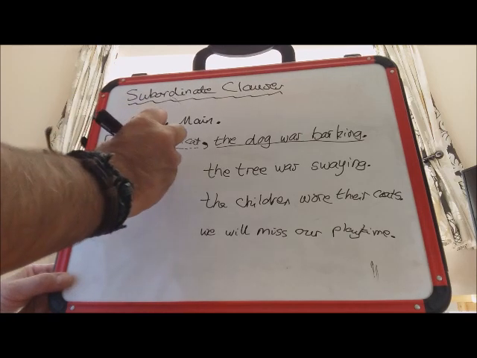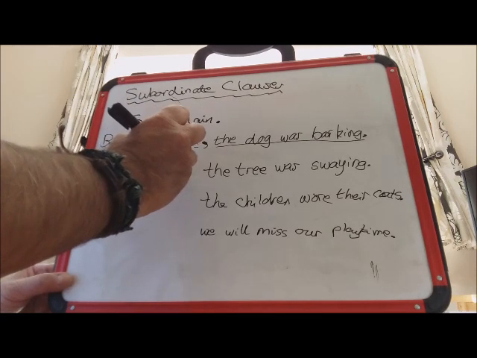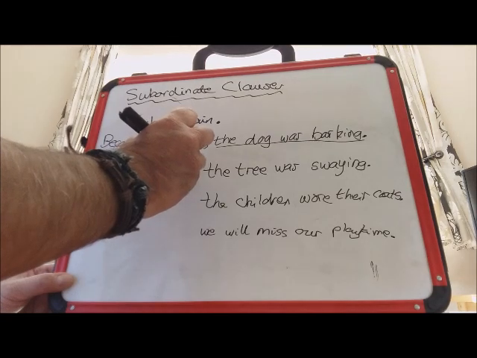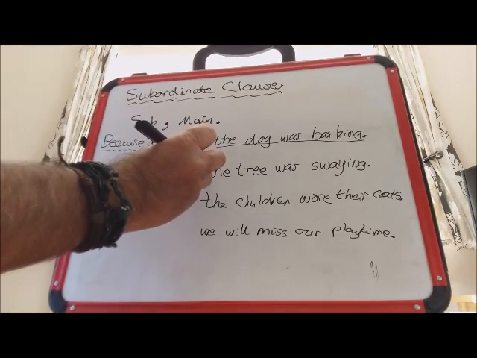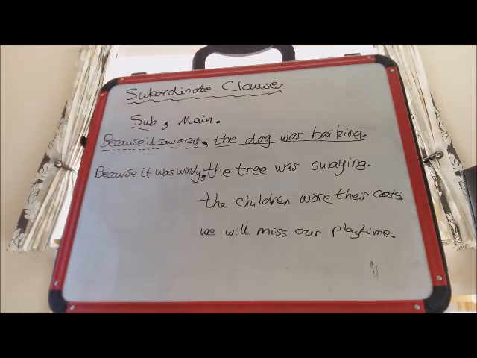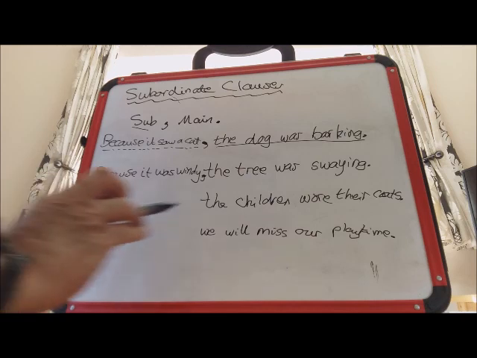Because it was a windy day, or maybe just because it was windy. There we go. Because it was windy, comma, the tree was swaying. Lovely. Don't forget, boys and girls, these are year 4 sentences, but they would look very much at home in a year 5 or a year 6 writing book.